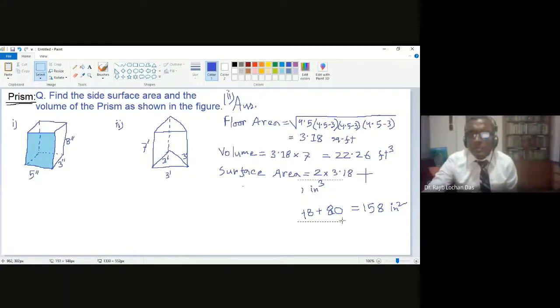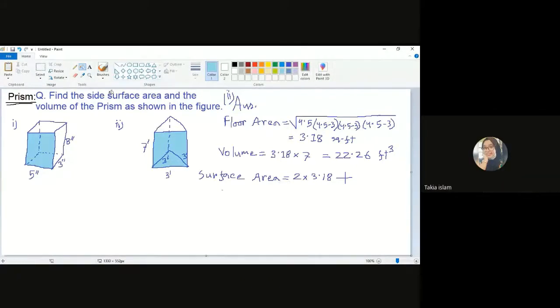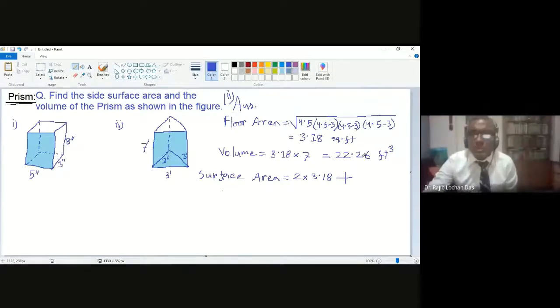And what is every side? What is one single side? Who can tell me what is one single side? This is the side. Front side, left side, right side. 3.